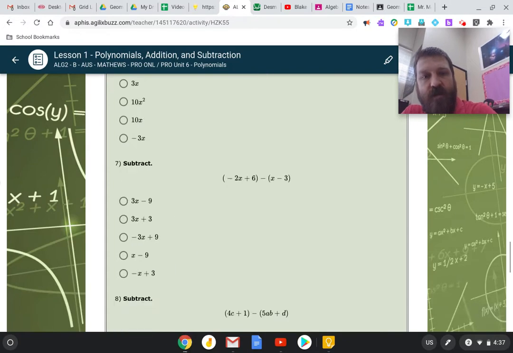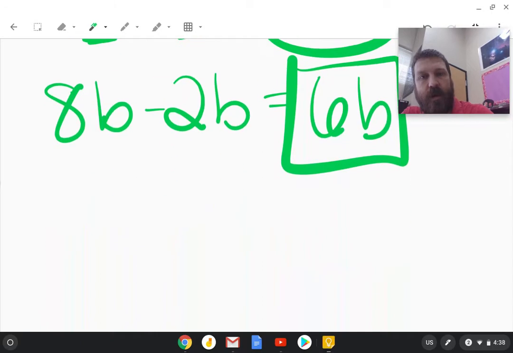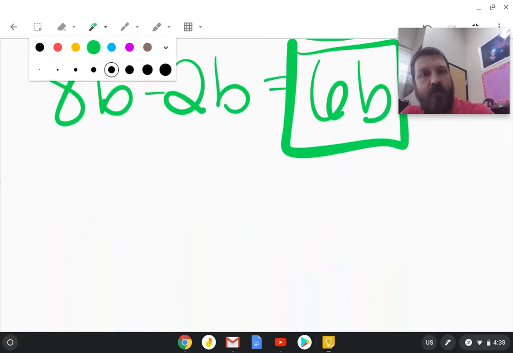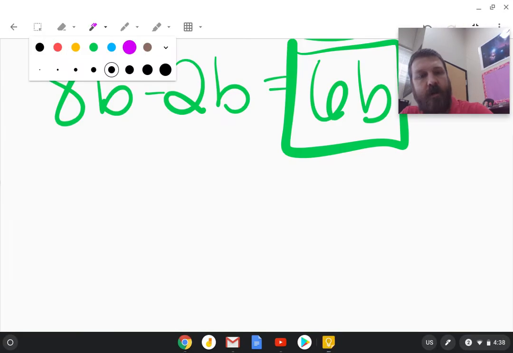Now, in number 7 and number 8, things get a little bit more complicated. We've got some issues here with some negatives and things like that. So let's talk through how those types of problems go. You should be familiar with this, it should be more or less a review, but let's just practice it so we make sure we're aware of what's happening.